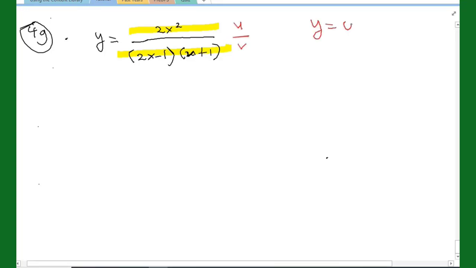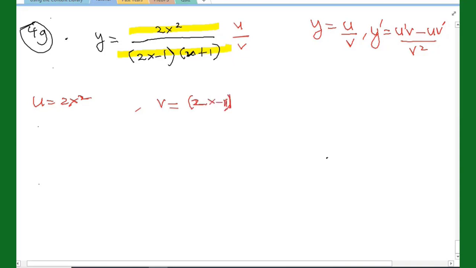y is equal to u over v. So from the quotient rule, u prime v minus u v prime over v squared. Label v, which is 2x squared. Sorry, v is all of 2x minus 1, x plus 1.